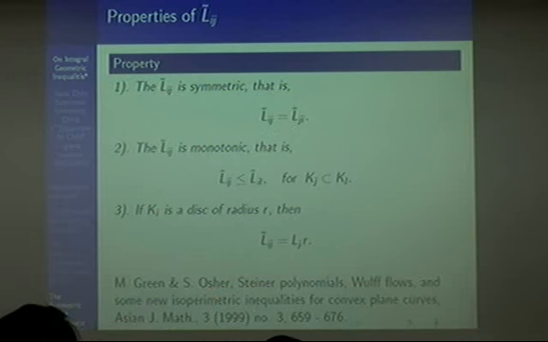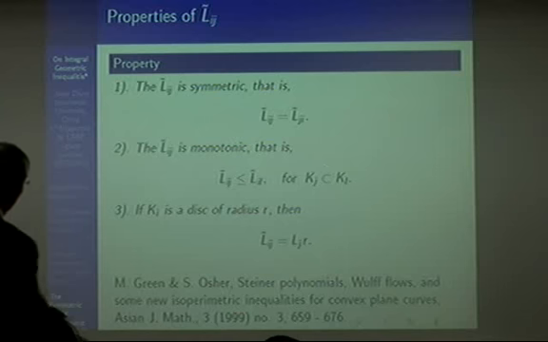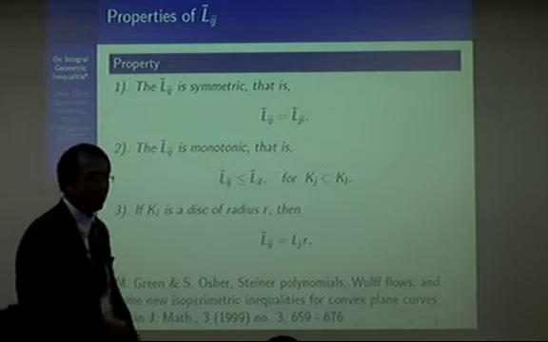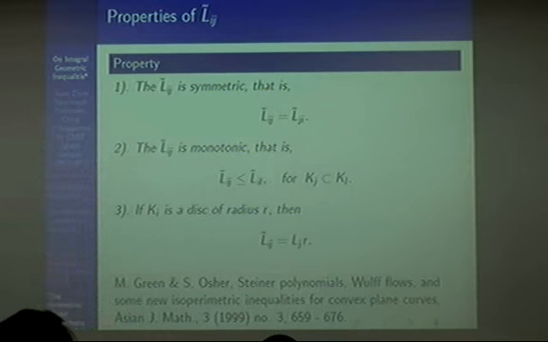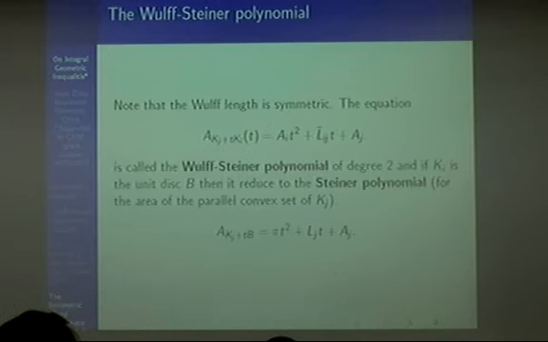And this property, according to what they define, is difficult to prove. But for me, in a geometric way, in a special case, we can prove this. Then notice that the Wolff length is symmetric, so the equation is called the Wolff-Steiner polynomial.